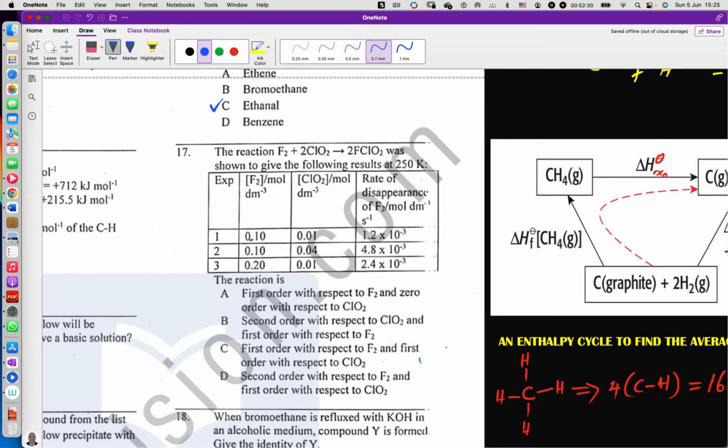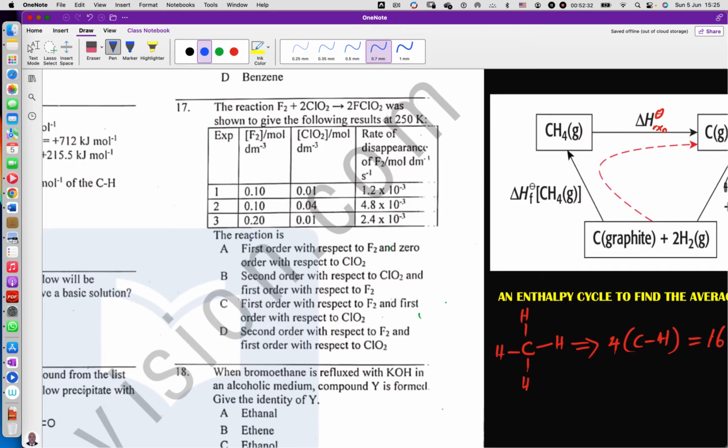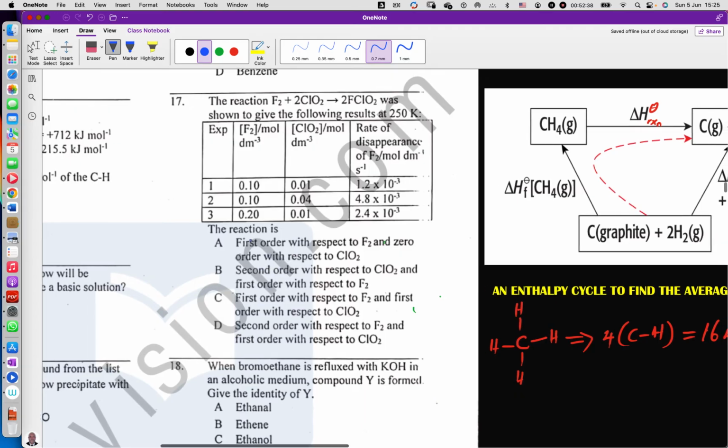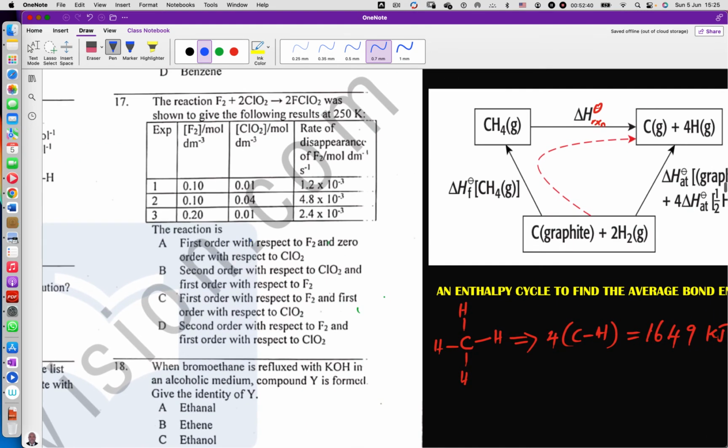Now, what we need to do is calculate our order of reaction for fluorine and chlorate before coming to the answers.